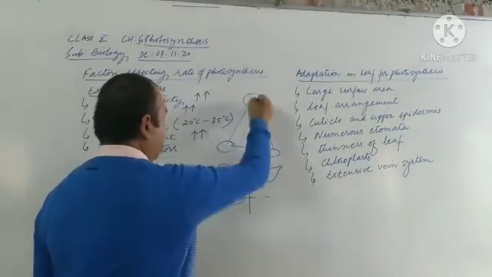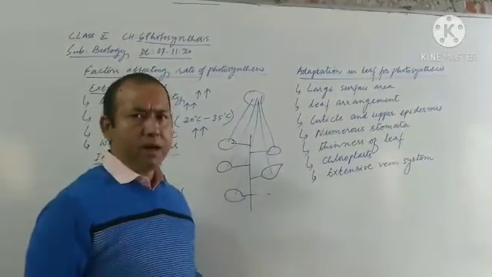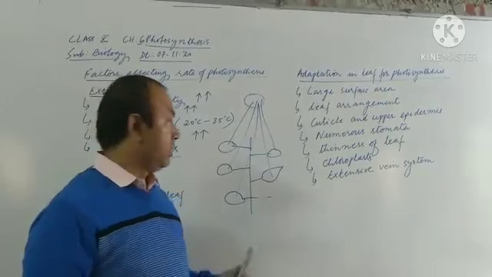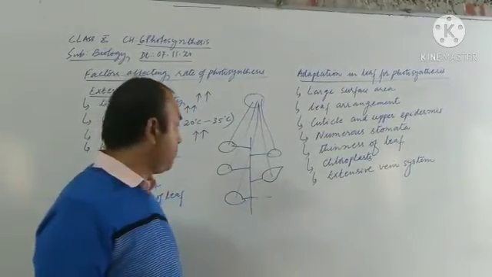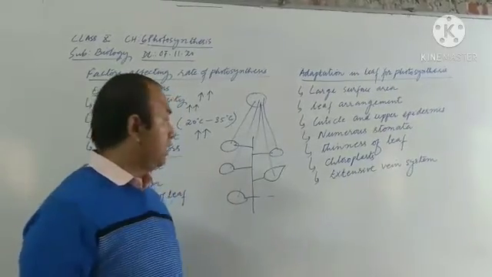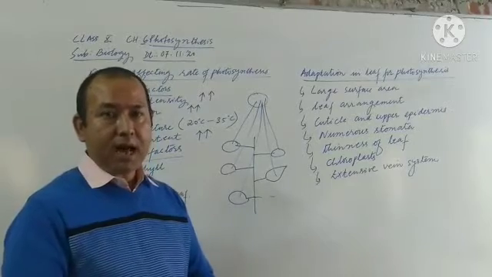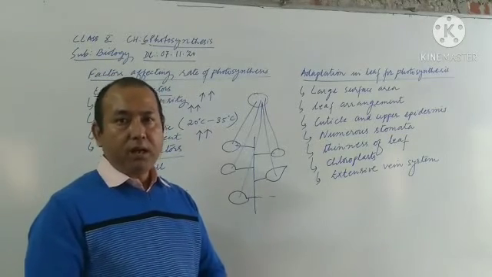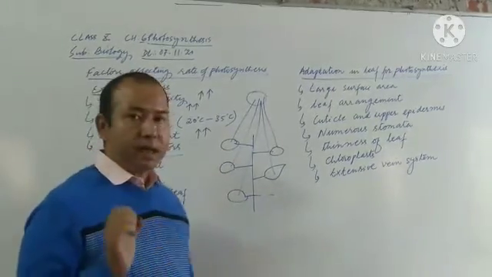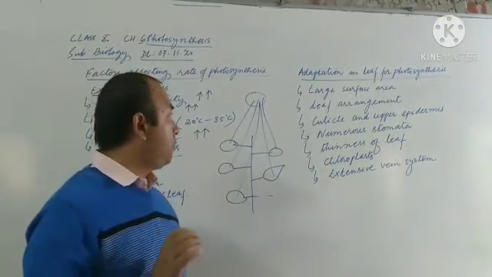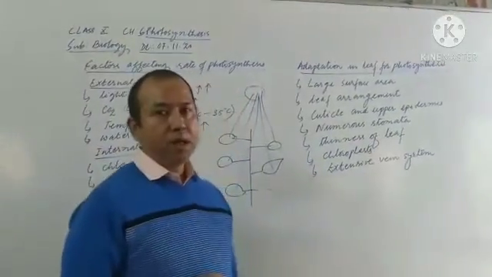You might have learned in junior classes about alternate phyllotaxy and opposite phyllotaxy. So these leaves are arranged on the branches in such a manner that almost all the leaves get sufficient sunlight so that they can carry out photosynthesis.